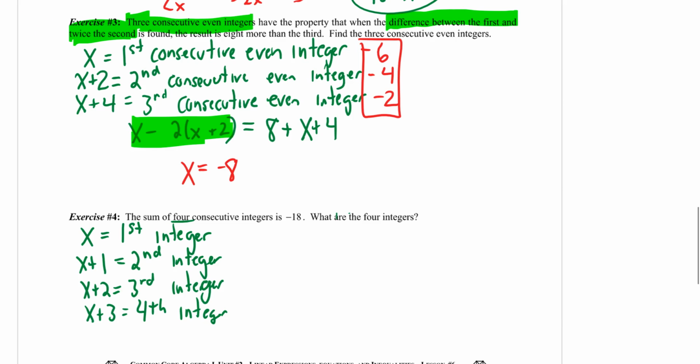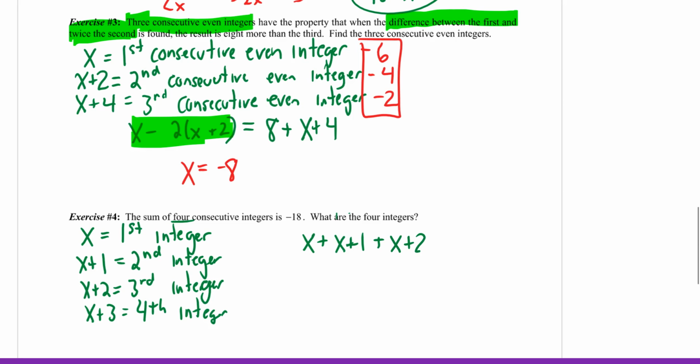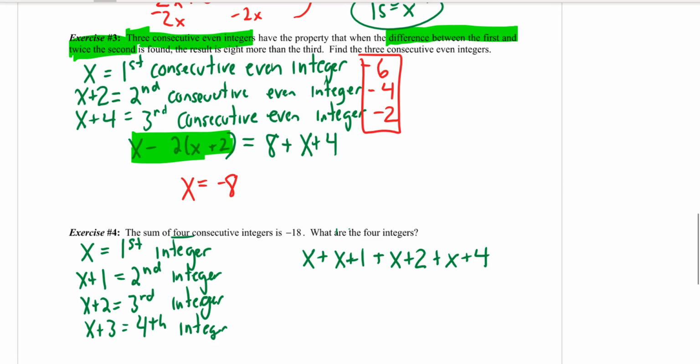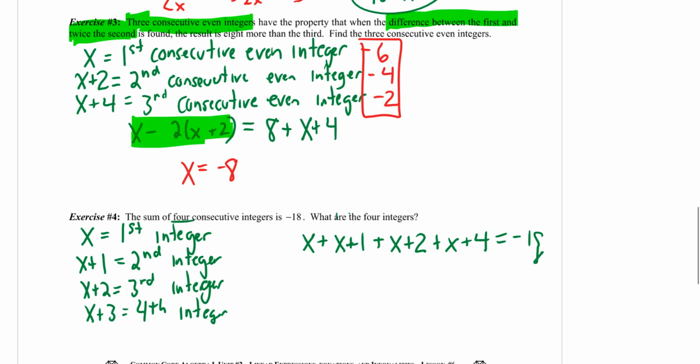Sum means plus. x plus 1 plus x plus 2 plus x plus 4 equals negative 18. Oops. This should be x plus 3. Thank you.